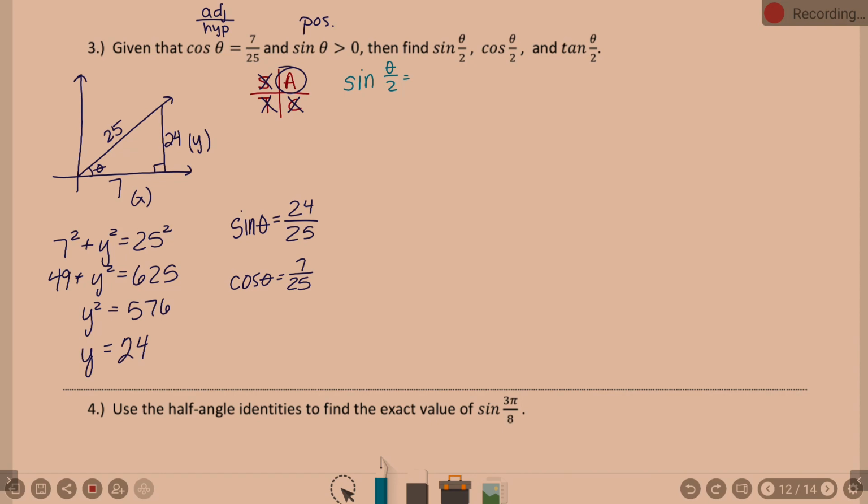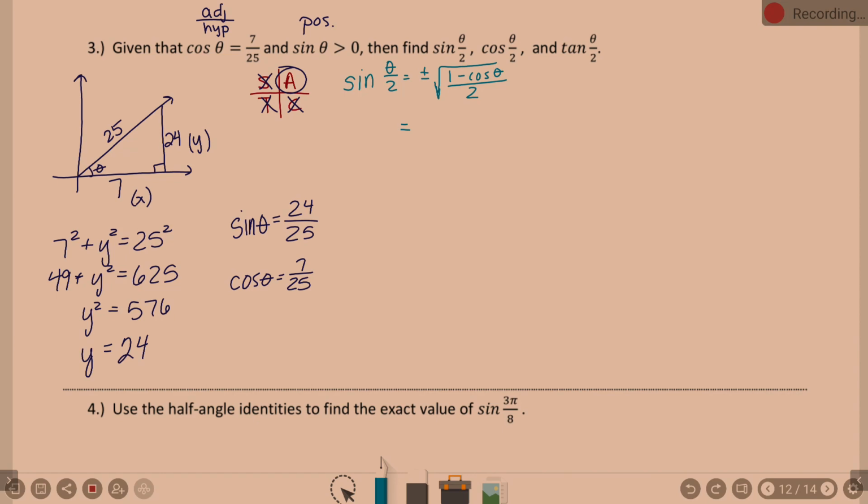Plus or minus square root of 1 minus cosine theta over 2. Okay, we good? You guys know the drill. Fill it in, yes? Now, that plus or minus out front, that is a decision you have to make.